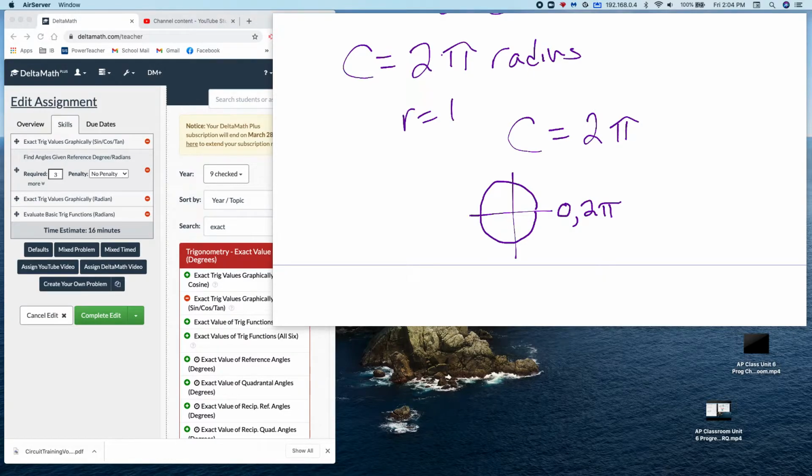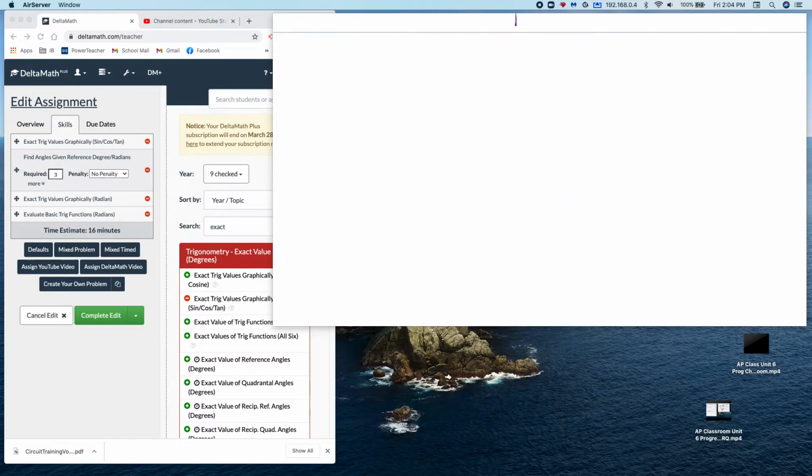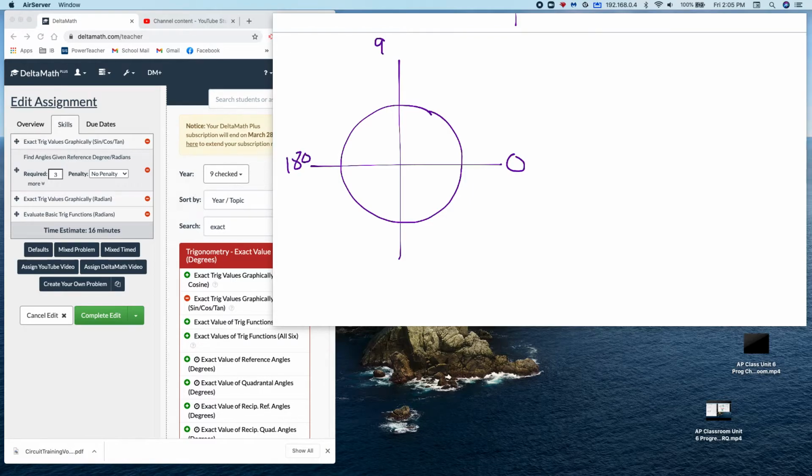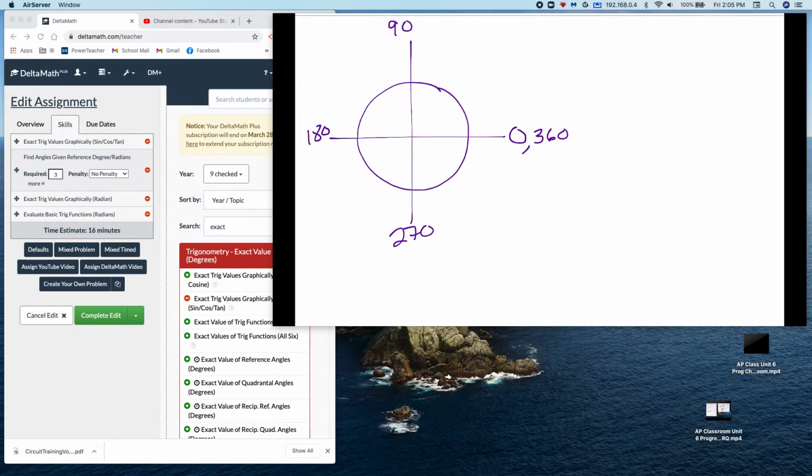So let's think about how we could divide the circle up. So think about when we had a circle and we divided it up into degrees. This was 0, this was 180, this was 90, and this was 270, and this was back at 360. We can do that same thing with radians.